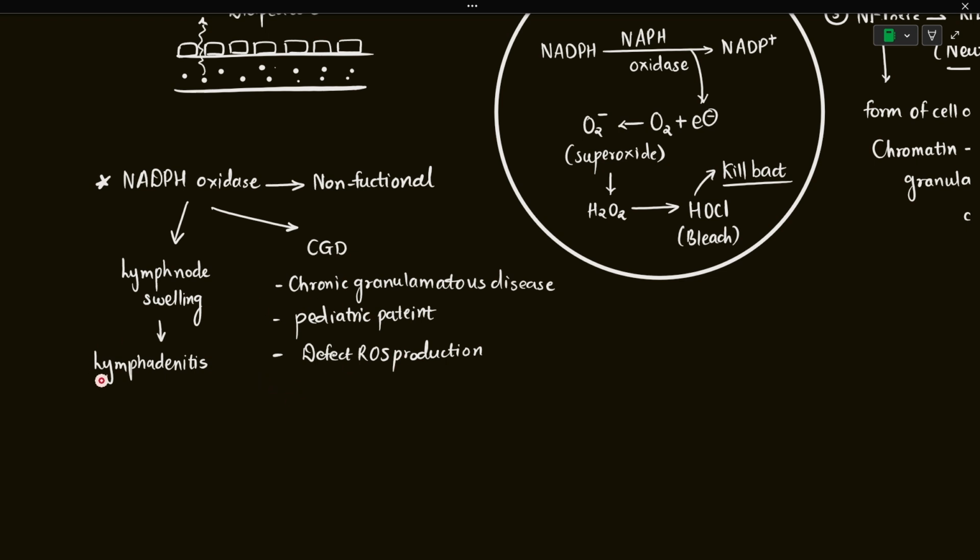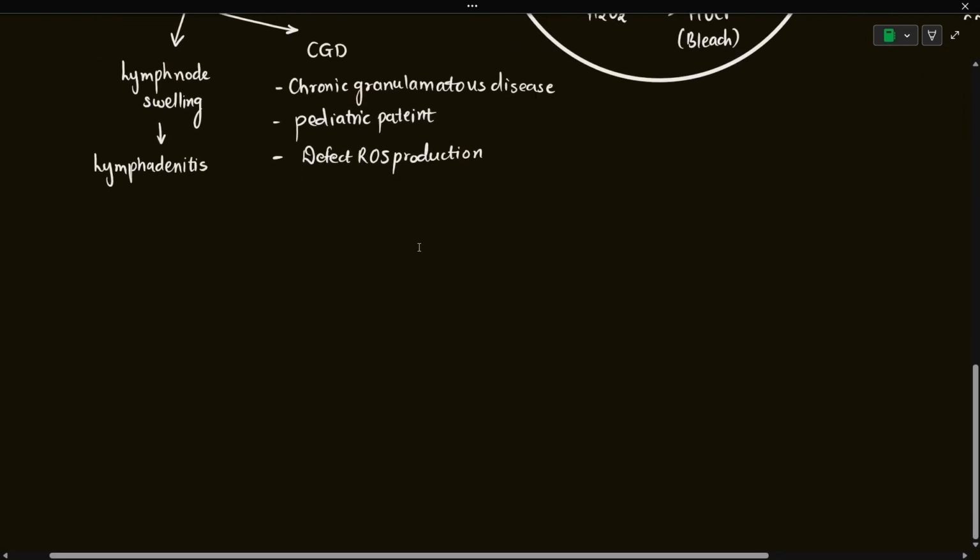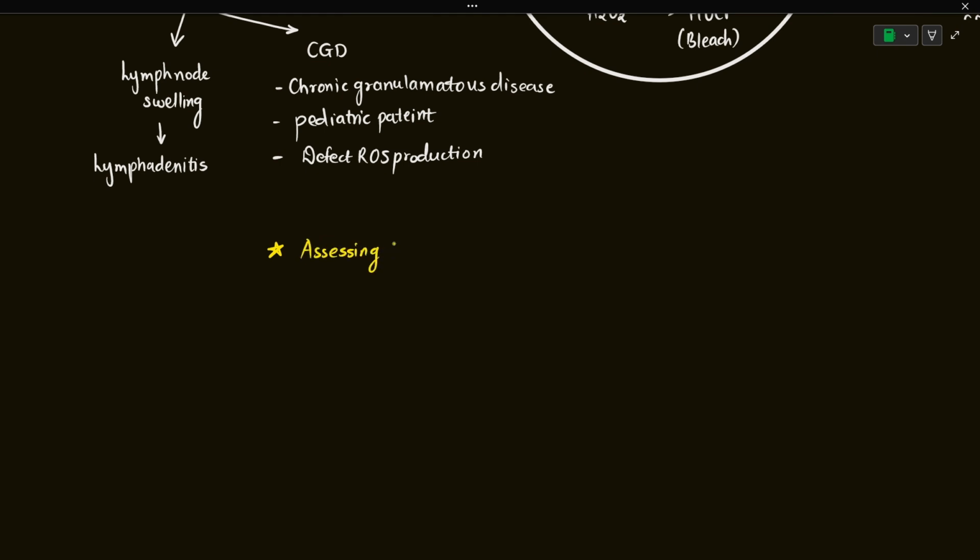Now, if we have to assess NADPH oxidase, meaning you are given this enzyme and told to tell whether it is functional or not, we have a test for assessing the function of NADPH oxidase. It is a very simple test which involves only one reagent, and that test is known as the NBT test.